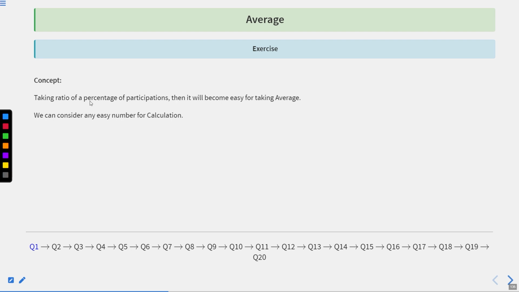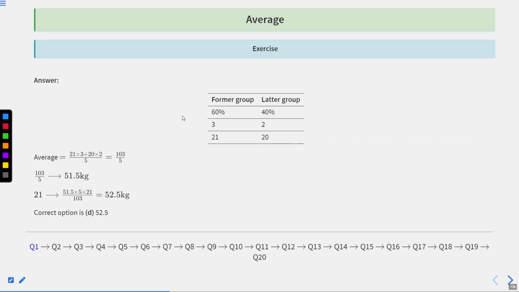So the concept that will be useful in this question is taking ratio of a percentage of participation, then it will become easy for taking average. We can consider any easy number of calculation. So let us move on to solution. We are going to divide the question into two parts, into two tables.